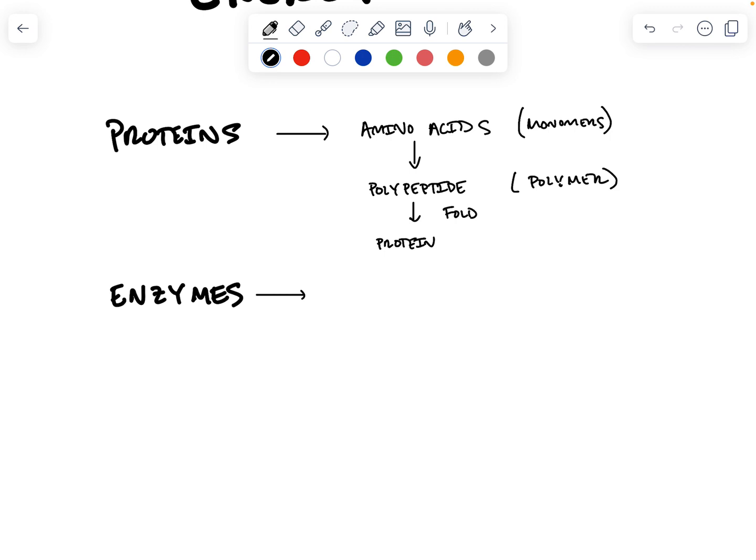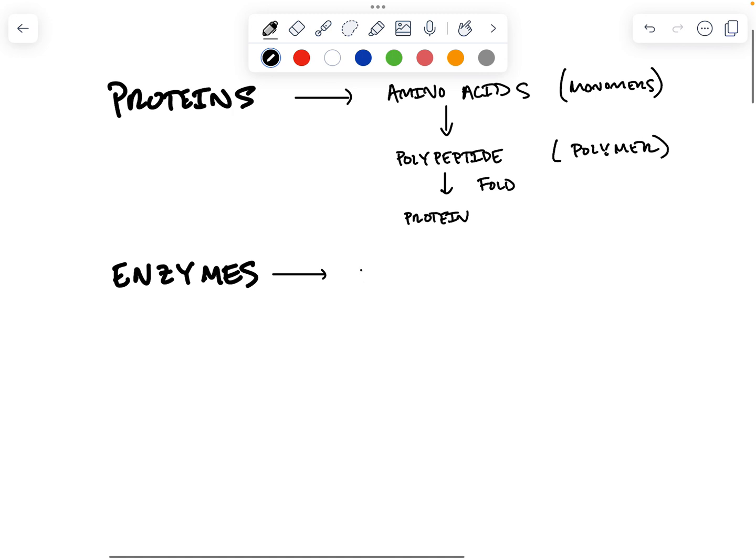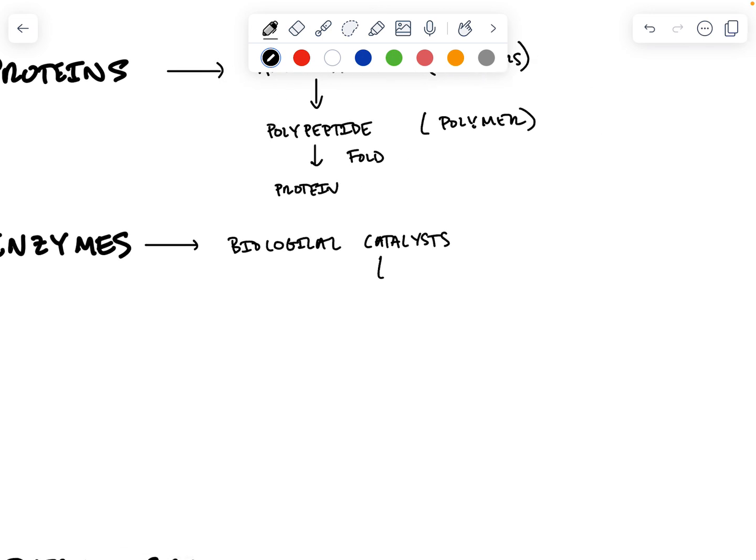Okay, enzymes. They're one subclass of proteins. They are biological catalysts. A catalyst is something that speeds up the rate of the reaction by lowering the activation energy.